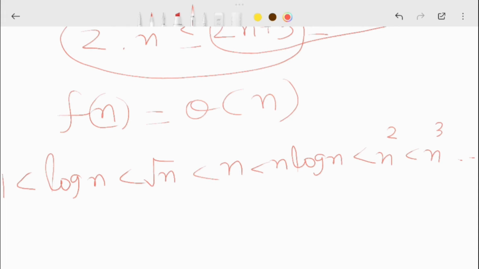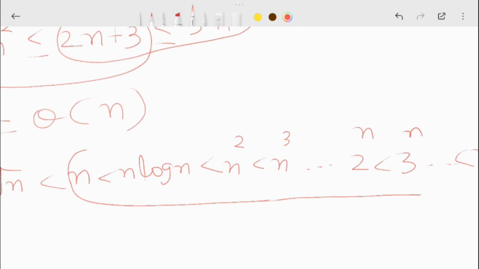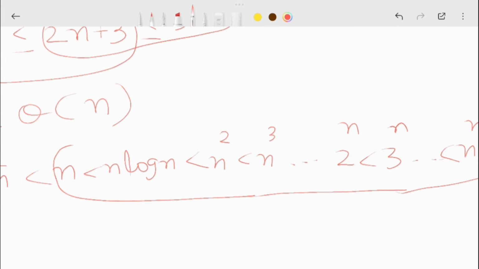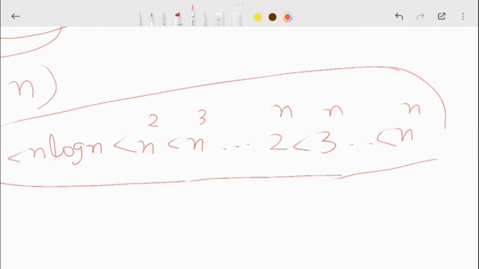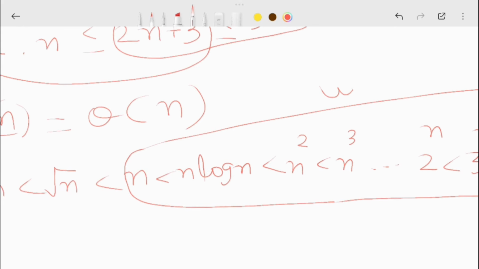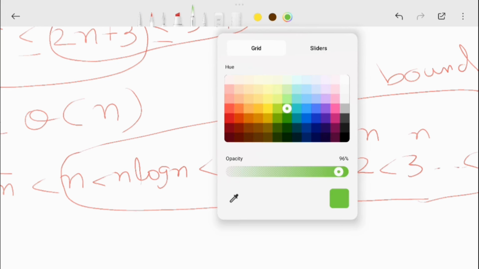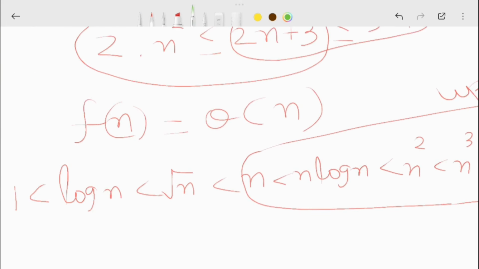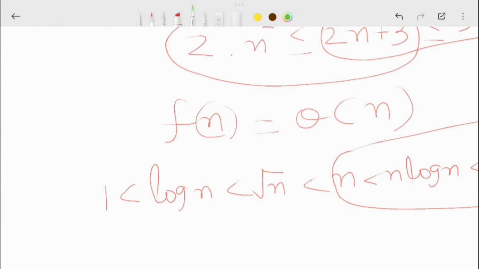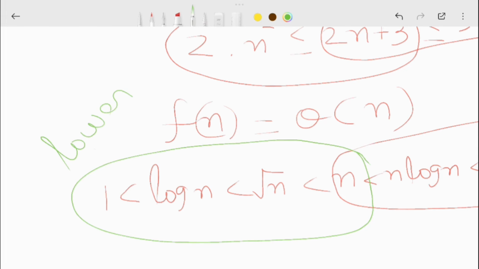This means all the values from n to n power n are the upper bound of this particular example. And then we also found a lower bound. In the lower bound we find n log n. This range of time complexities is the lower bound for this particular example.